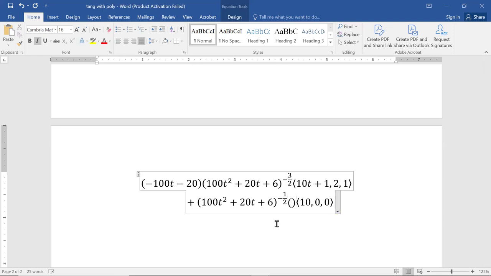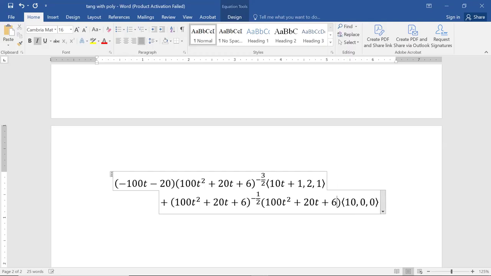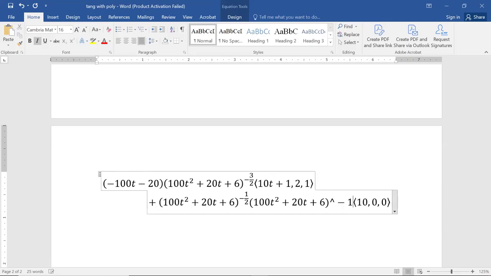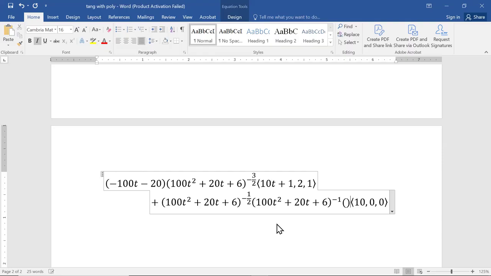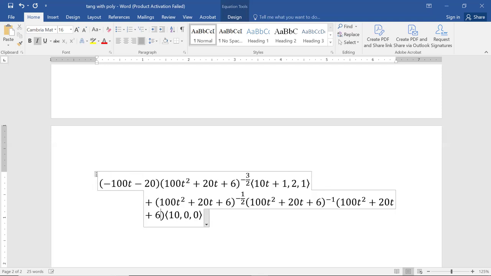So if I multiply by 100t squared plus 20t plus 6 to the negative 1st power, and then also multiply by 100t squared plus 20t plus 6 to the positive 1st power, these negative 1 and positive 1 exponents will cancel each other out, and I'll get 100t squared plus 20t plus 6 to the 3/2 power when I multiply those two.